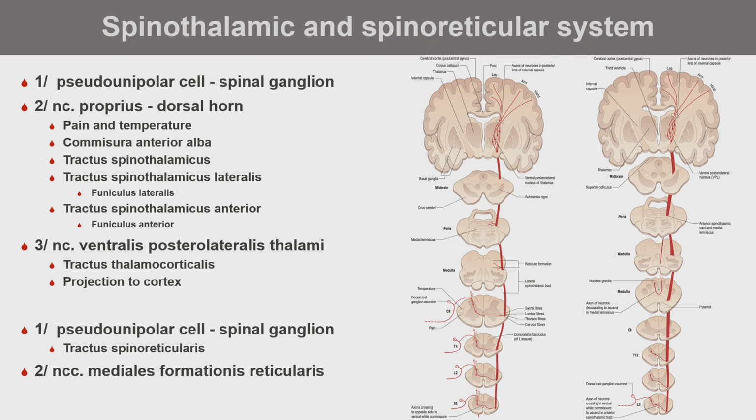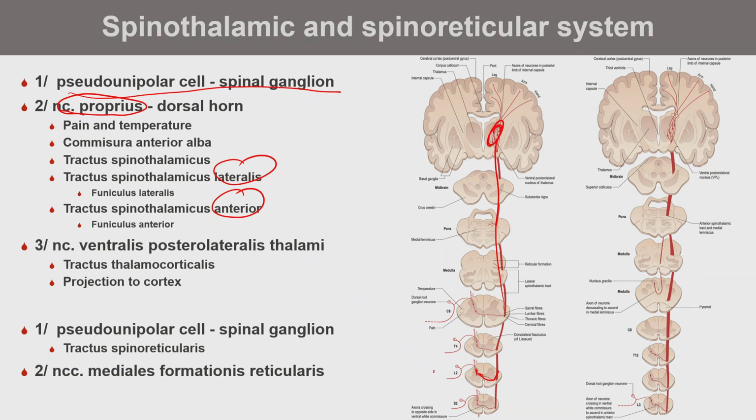So, the spinothalamic and spinoreticular system. They also have a pseudounipolar cell in a spinal ganglion. They have a nucleus proprius in the dorsal horn, and from the dorsal horn they are relayed and go to the other side, going with the lateral and anterior spinothalamic tracts, upwards to the thalamus.